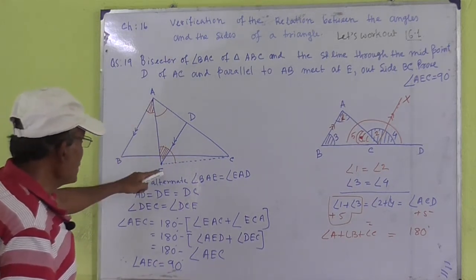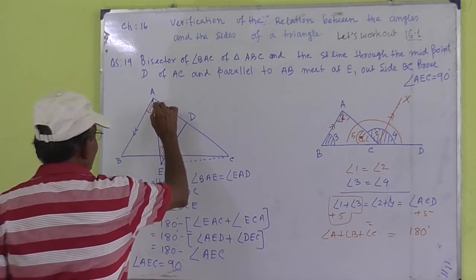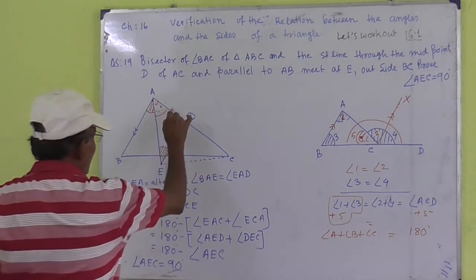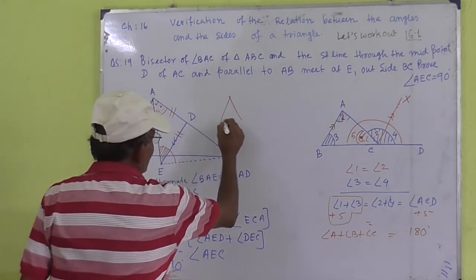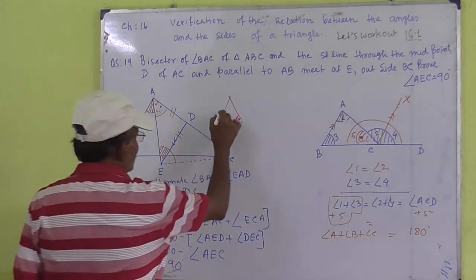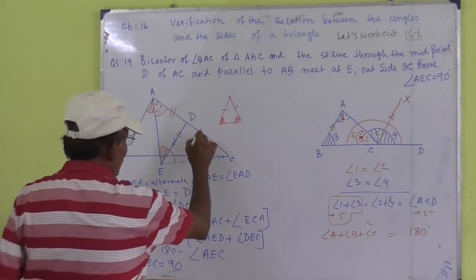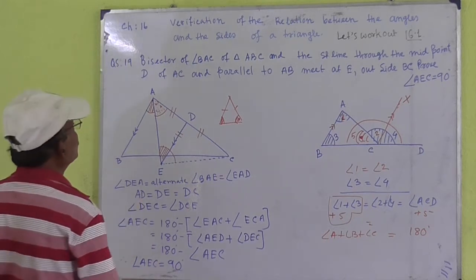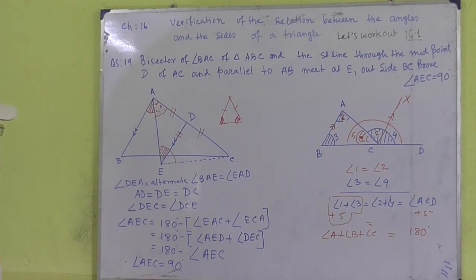Because AE is the bisector of angle A. So, we can write this angle equals this angle. From this, AD equals ED, because in any triangle, if two angles are equal, the corresponding sides are the same, and also equal to DC. Why? Because D is the midpoint. So, AD equals ED equals DC.